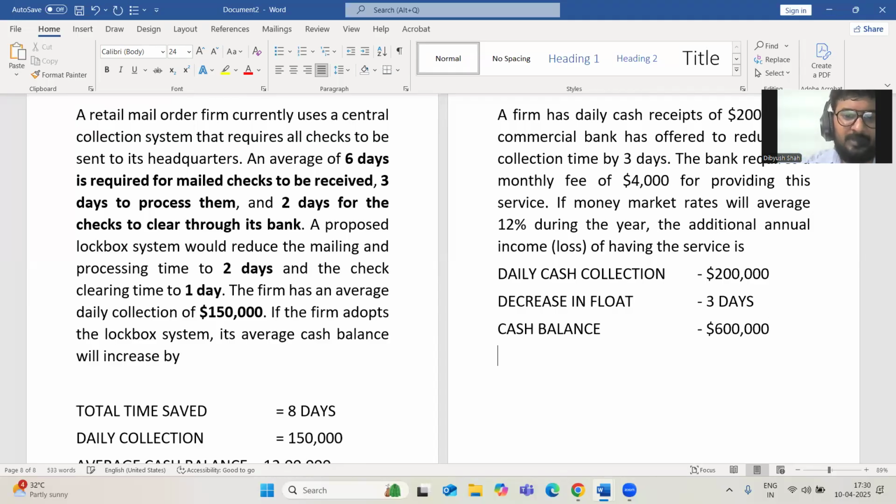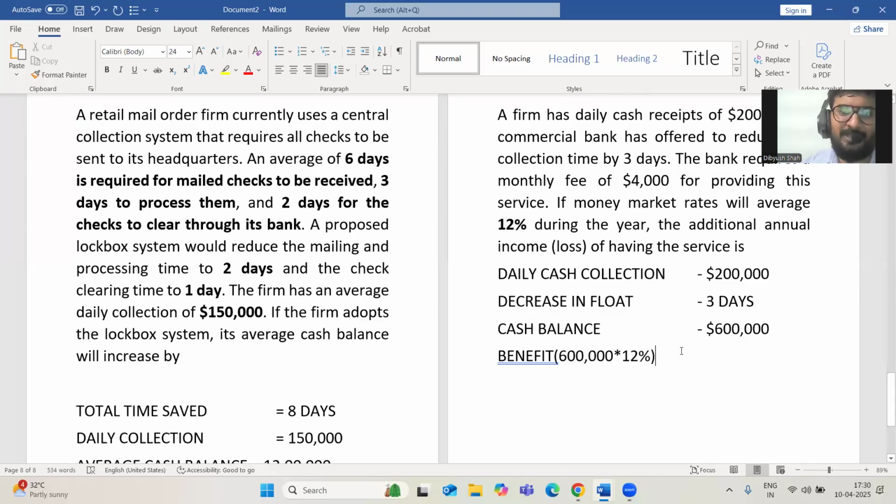I can earn 12% on this. So my annual benefit will be 6 lakh into 12%. Money market rates will average 12%, meaning I can earn 12% on this.